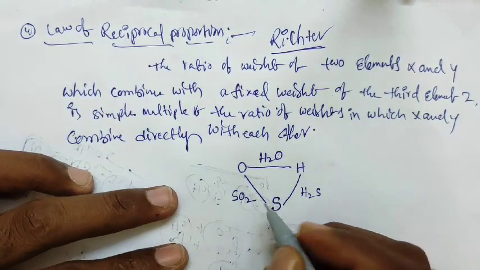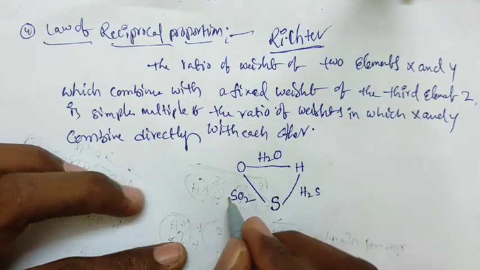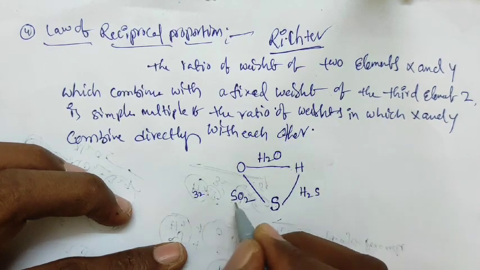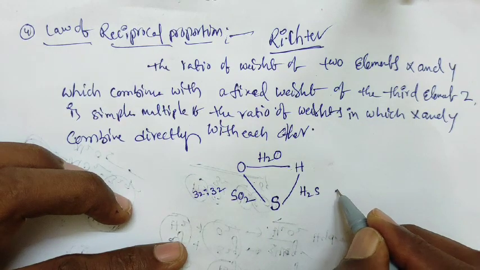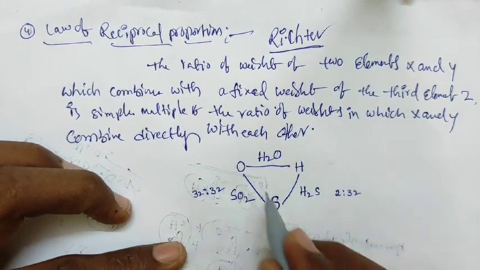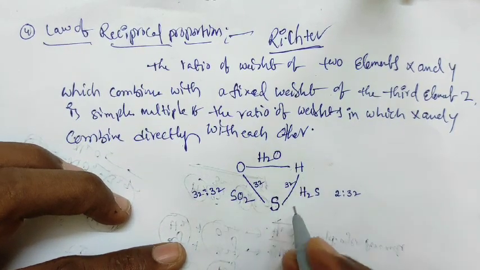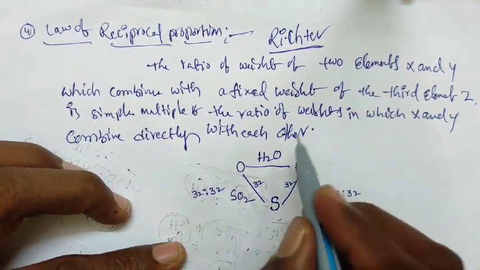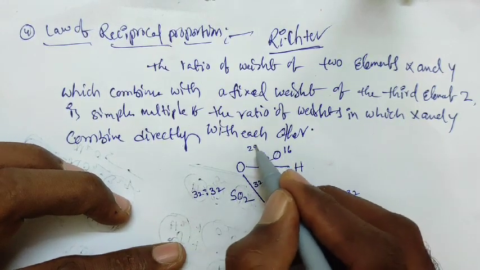Now the ratio of hydrogen and oxygen: here sulfur is 32, and here also sulfur is 32. Oxygen is 32 here, and hydrogen is 2. In water, oxygen is 16 and hydrogen is 2 grams.